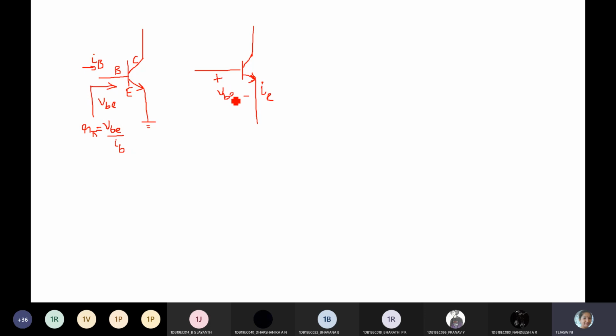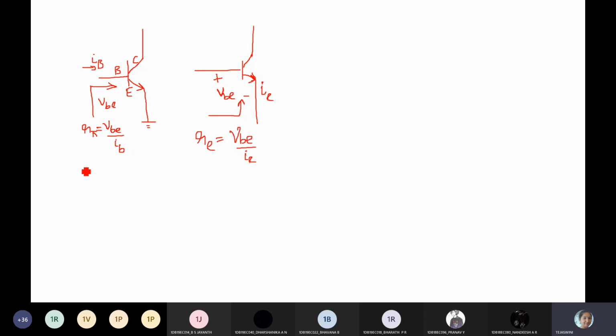This is my signal. So in this particular region, we are going to find out the input emitter resistance RE. What is RE? Voltage by current. Small VBE by IE.